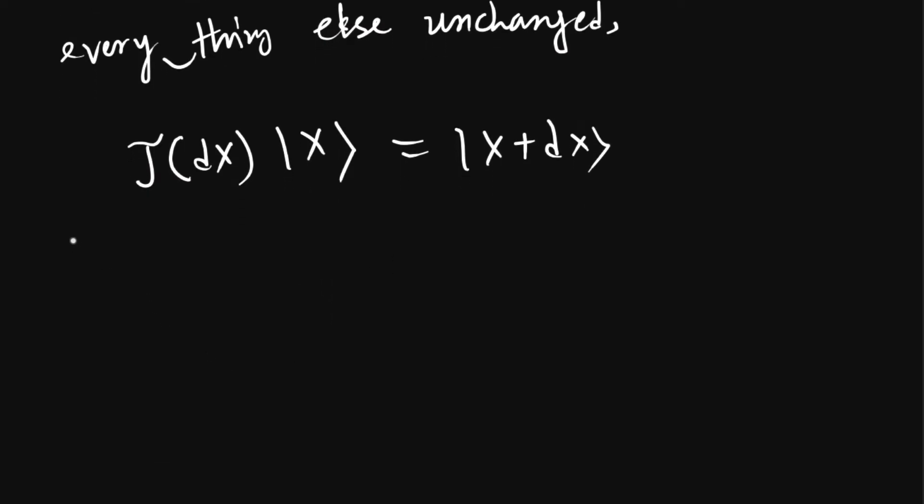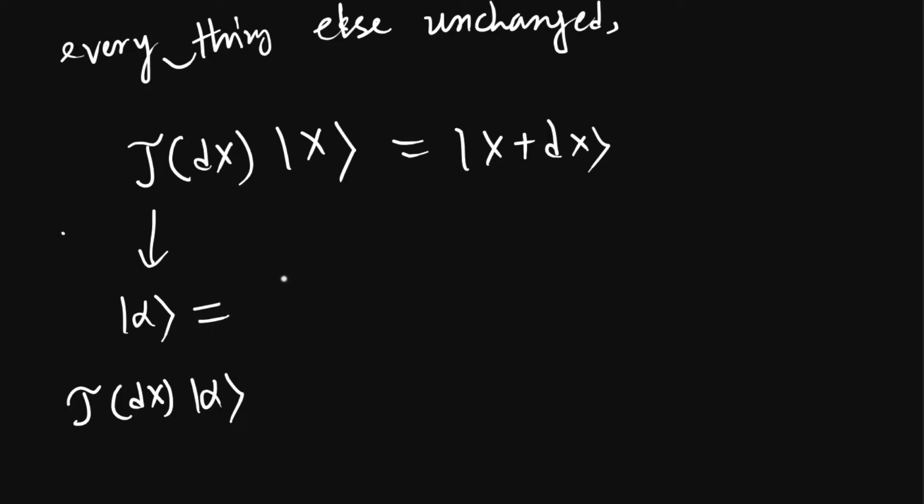Let us see the effect of this translation operator on an arbitrary state alpha. If we operate tau dx on alpha, let us see what we will get. To do so, first we have to expand this alpha in terms of the basis kets x. So alpha will be the integration dx, ket x, bra x alpha.